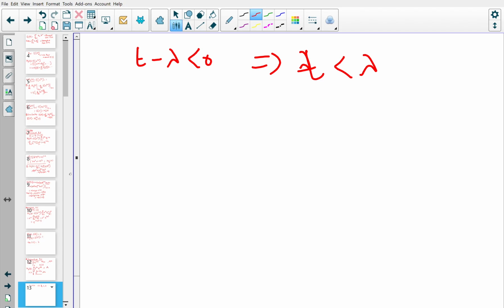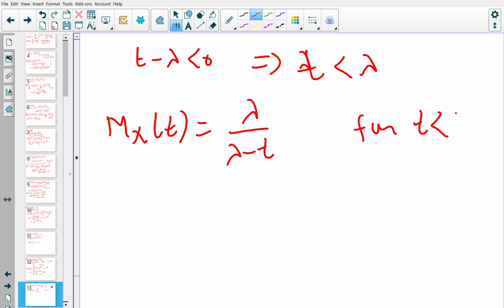And what will be the value? You can easily find out that when t is less than lambda, this integral is nothing but lambda over lambda minus t.